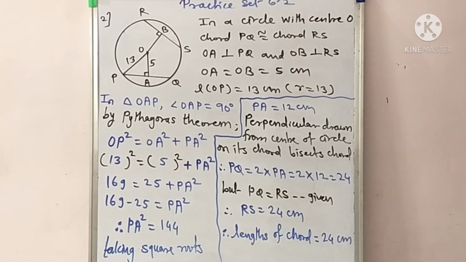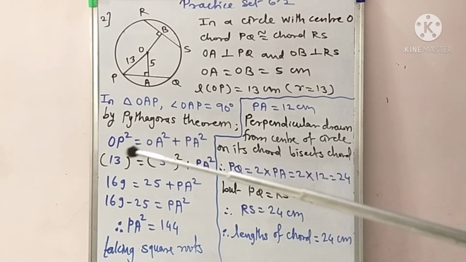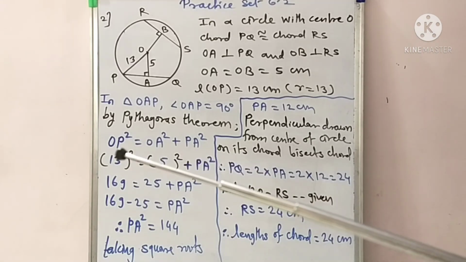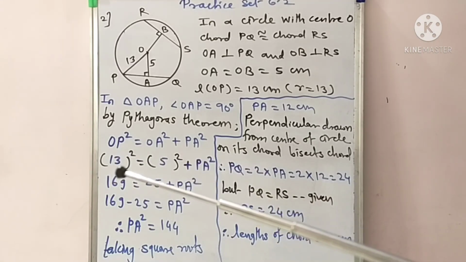So here we write down the solution. In triangle OAP, angle OAP is 90 degrees. So by the Pythagoras theorem, hypotenuse square equals the sum of the squares of the remaining sides. So OP square equals OA square plus PA square. OP, which is the radius, is given as 13 centimeters.